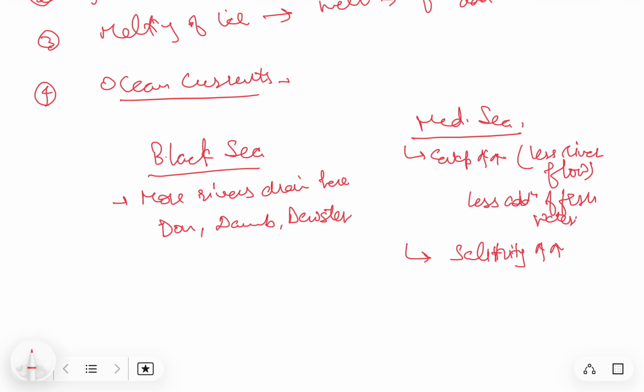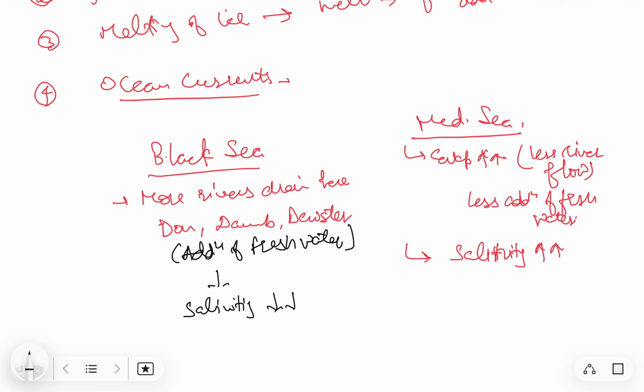They are adding fresh water, so the salinity will be reduced.